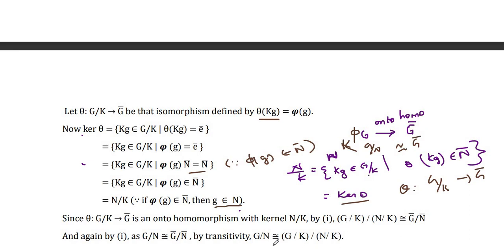So using that we have G mod N to be isomorphic to G mod K mod N mod K. So that proves the second part of it. And with that the third isomorphism theorem proof ends. Thank you.